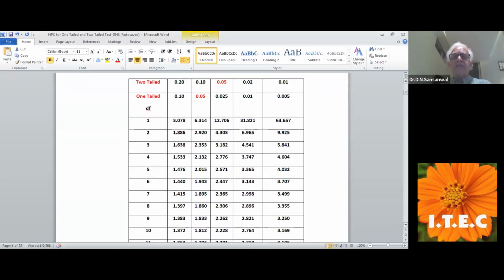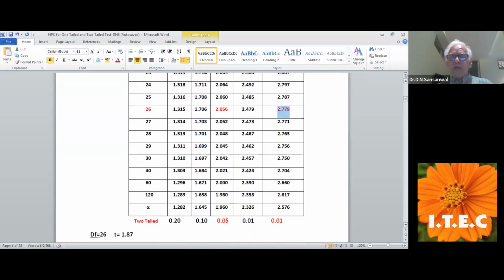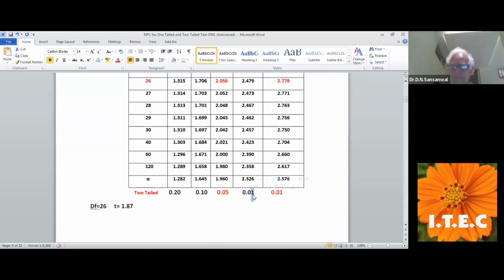That means in the two-tail test, this particular one is 2% error and this is 1% error. Here, this is 5% error. So if you move to the right hand side, the error decreases. If you move to the left hand side, the error increases.